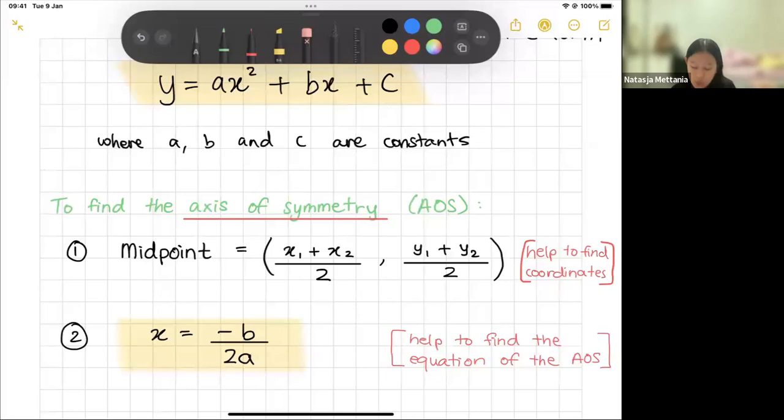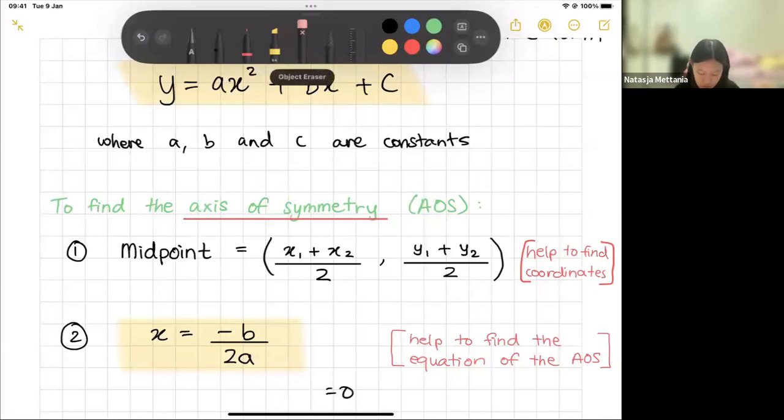What I mean by equation is, if we remember back in our x and y coordinates of an exponential graph, we have to give an equation for the asymptote, and the asymptote was x equals 0.